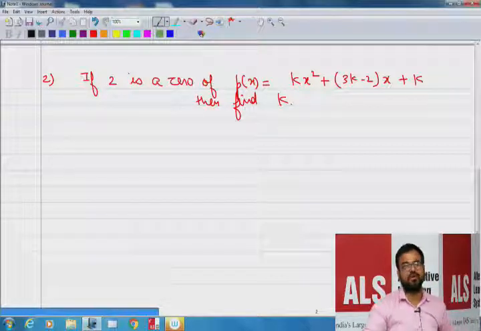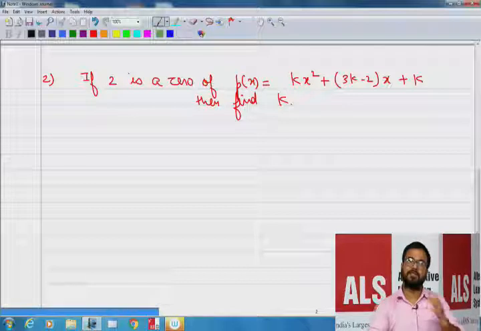If you put x equal to 2, the value of the polynomial is going to be 0. In this way, you can figure out the value of k.